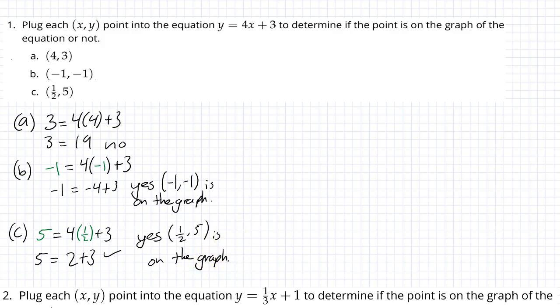Okay, so anyways, I just wanted to do this just so that you know when you make a graph, it's going to have some points that are on the graph and it's going to have some points that are not on the graph. This equation in particular has these points. If I'm graphing this, we've got negative 1 is going to be about there. And then 1/2, 5, if this is 1, 2, 3 here, then 1/2 would be here, and we have to go up to about 5 here.